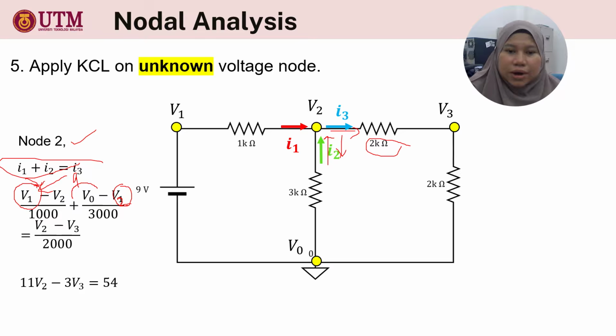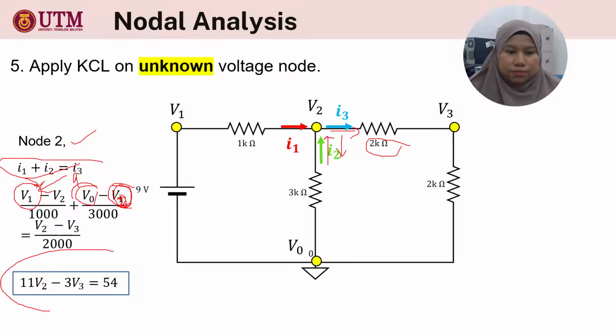The equation for I2 is V0 minus V2. So we know V0 is 0. Do we know V2? Do we know V3? We don't know. After you put all the numbers here, you can simplify it and it will become this equation.